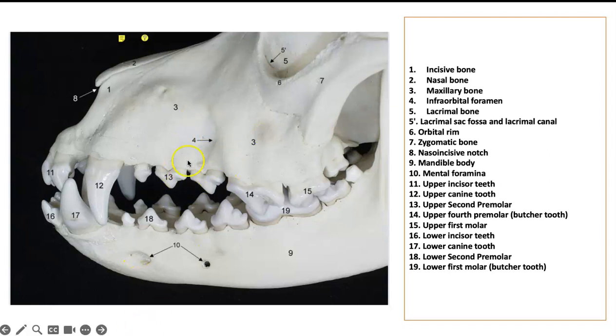These foramina, the infraorbital foramen and the mental foramina, are important for nerve blocks in the case of removal of the teeth. For the upper teeth, you use the maxillary or infraorbital nerve block, and for the mandibular teeth you use the mandibular nerve block or the mental nerve block, and this will be discussed in the applied anatomy.